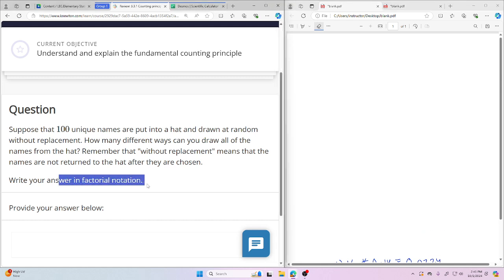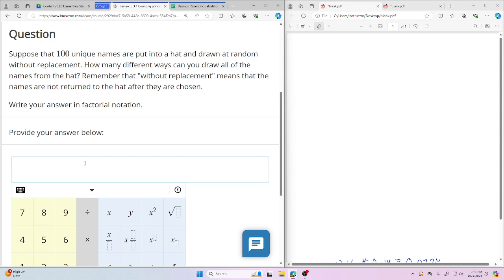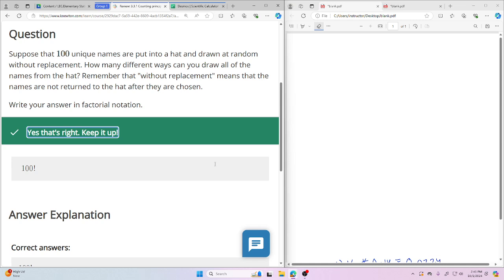Notice right here it says in factorial notation. It's saying you got to use the little explanation. And it's really that easy. So it's more just understanding what we're supposed to be putting in the box. It's no math here. At least yet.